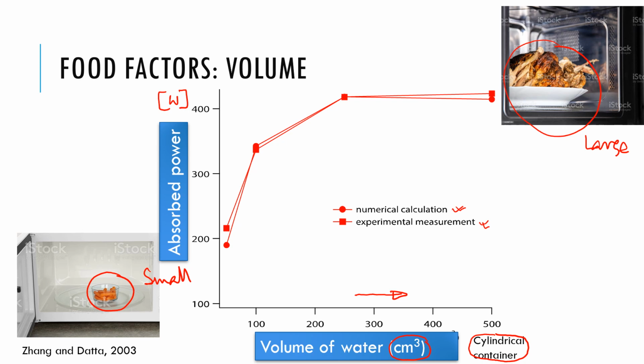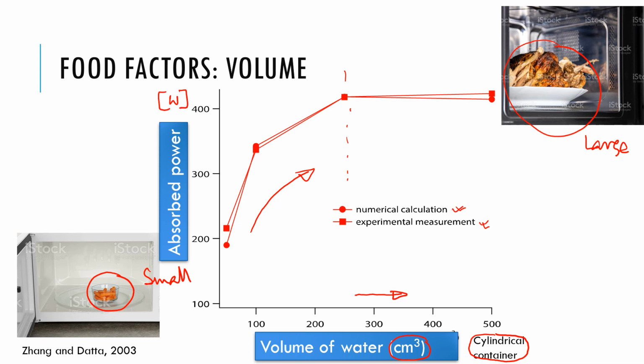So the total power increases until some kind of a threshold volume, after which it stays constant. Of course, the power absorbed cannot be more than the oven power.